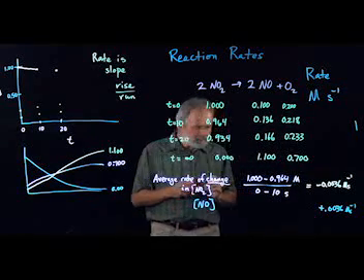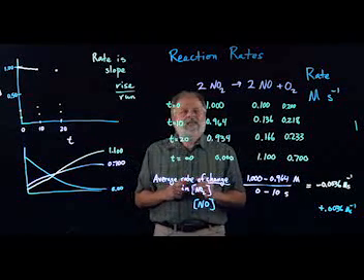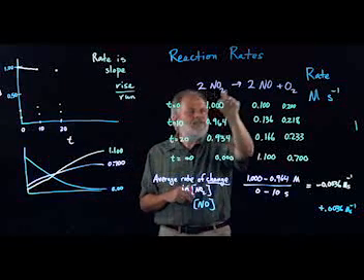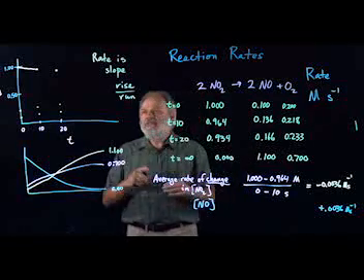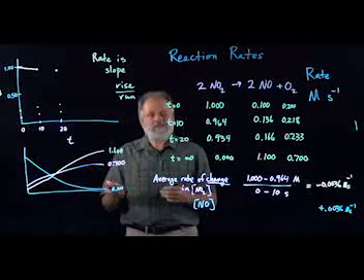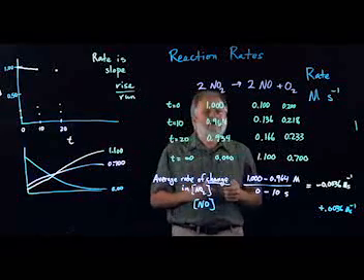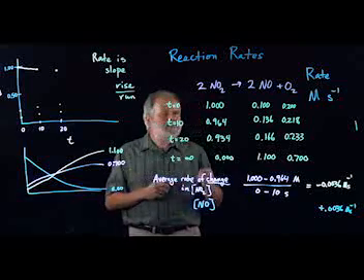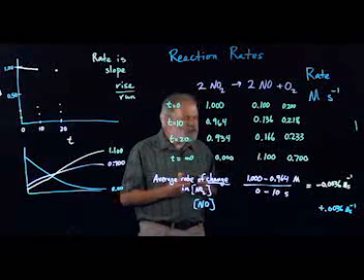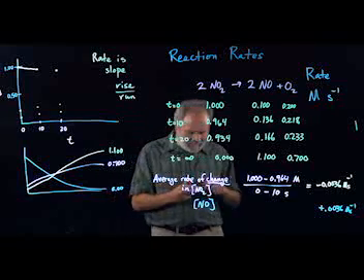Okay, so the change is related by stoichiometry. And since the rate is related to the change in the numerator and the change in the time is the same for every component in this reaction, then the rates of change are related by stoichiometry.